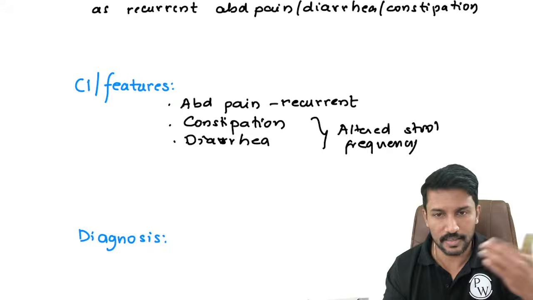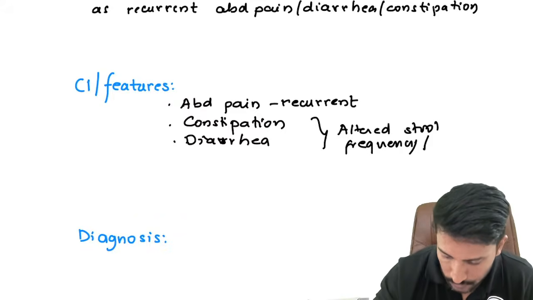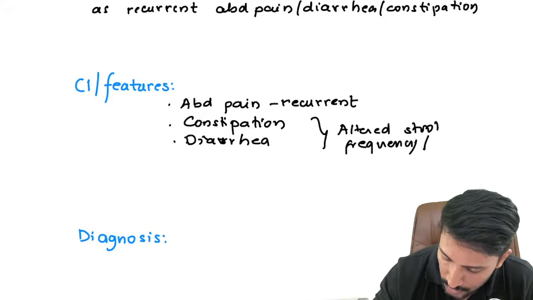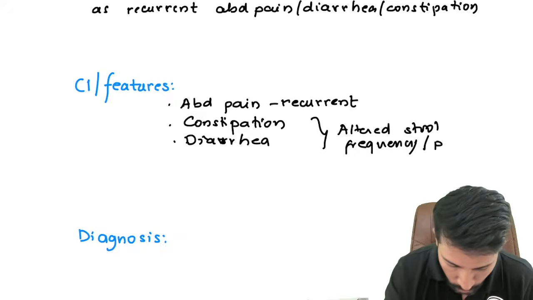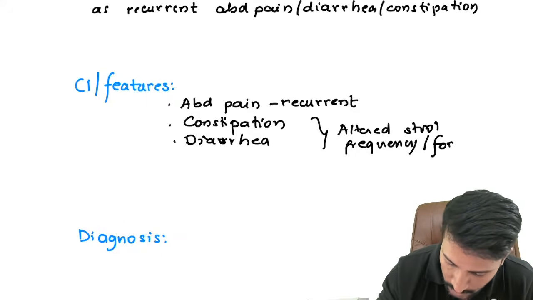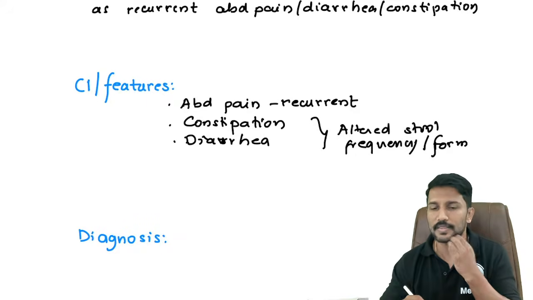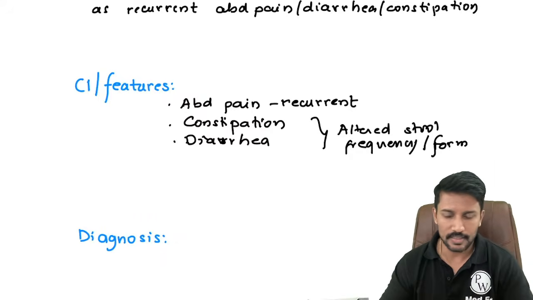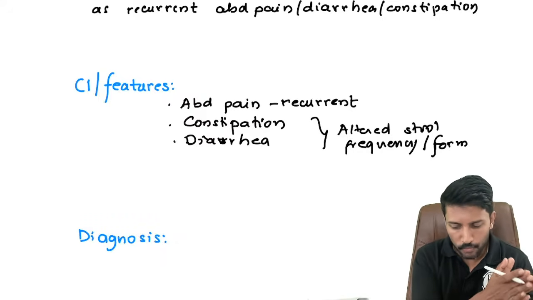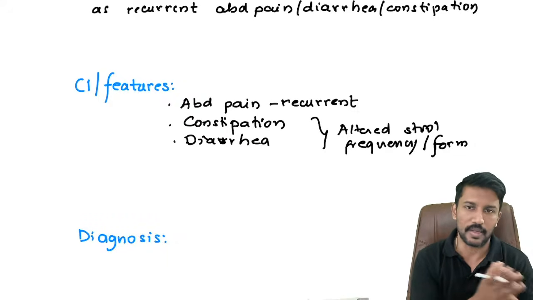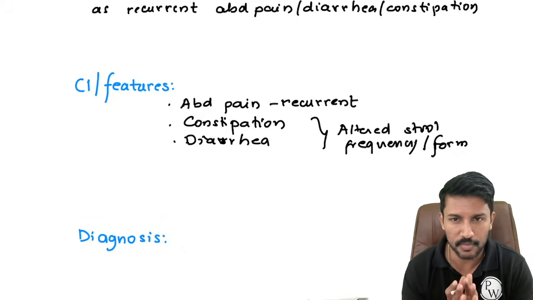Stool frequency is either increased or decreased, or altered stool pattern, or you can say stool form, that it is not solid anymore or it is too liquid for the consistency. So altered stool form or frequency and abdominal pain. These are the clinical features that these patients present with.